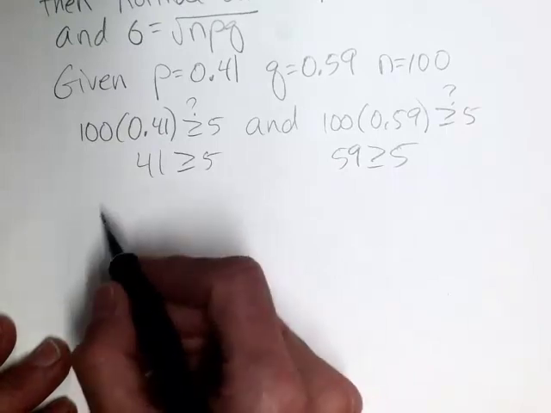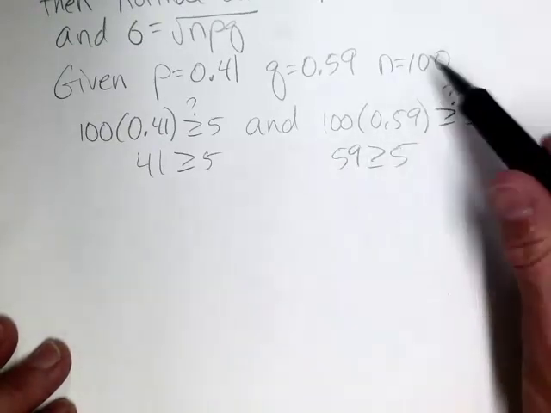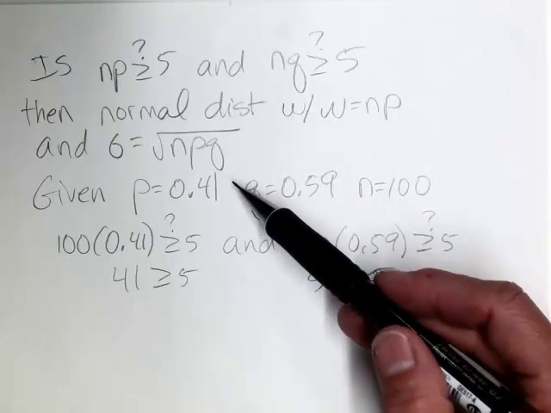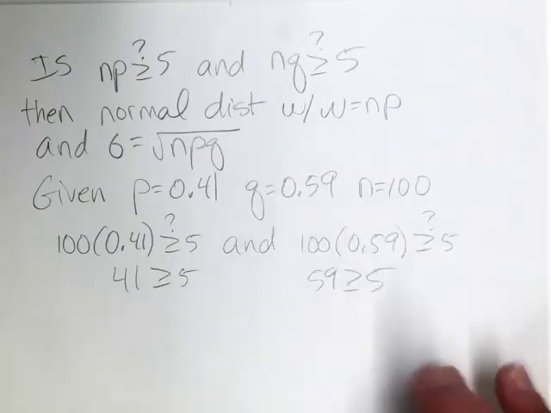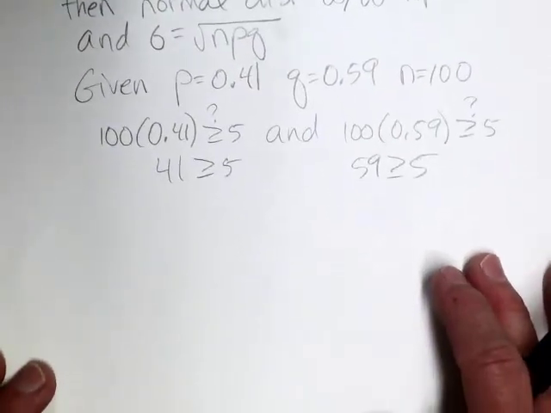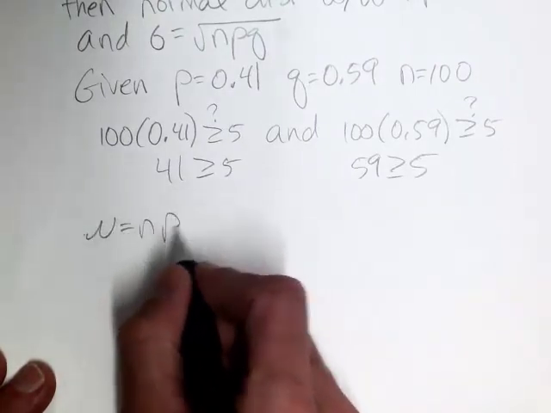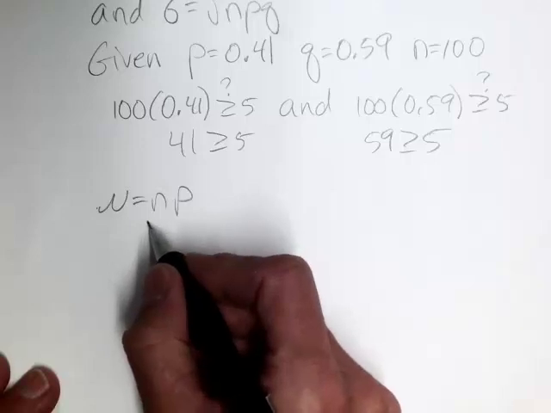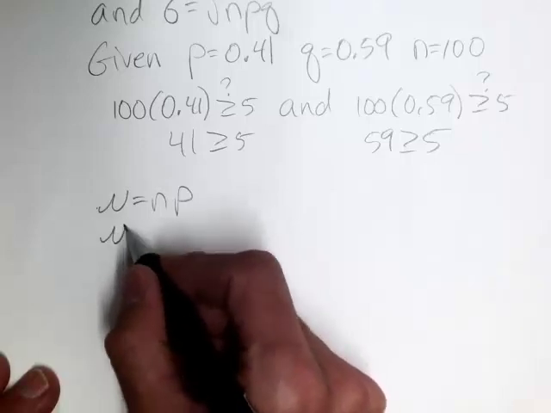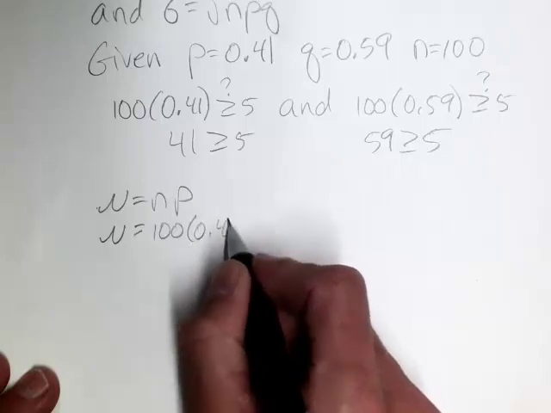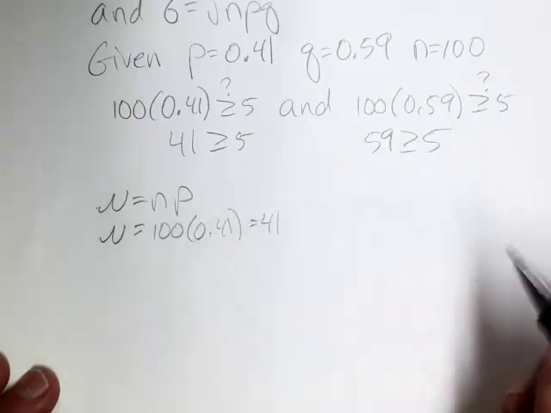Again, mu is equal to n times p, and sigma is equal to the square root of n times p times q. So mu will be equal to n times p, which is 100 times 0.41, so that's equal to 41.